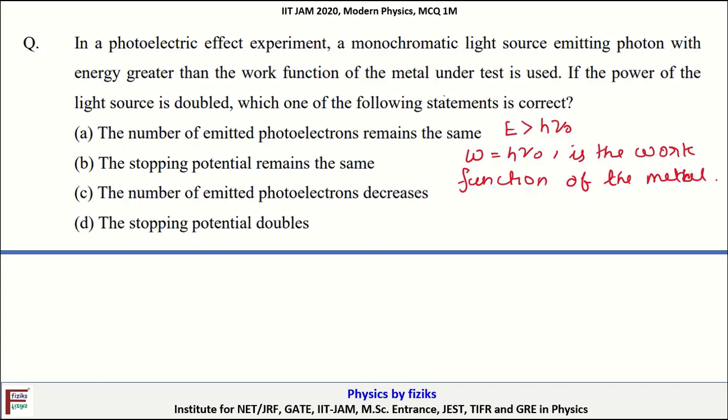Further, there are two kinds of problems. One is stopping potential and the second is regarding the number of photoelectrons. So there are two cases. Case first, stopping potential.